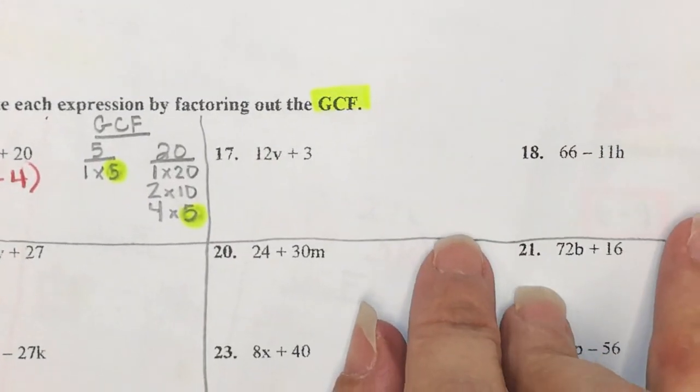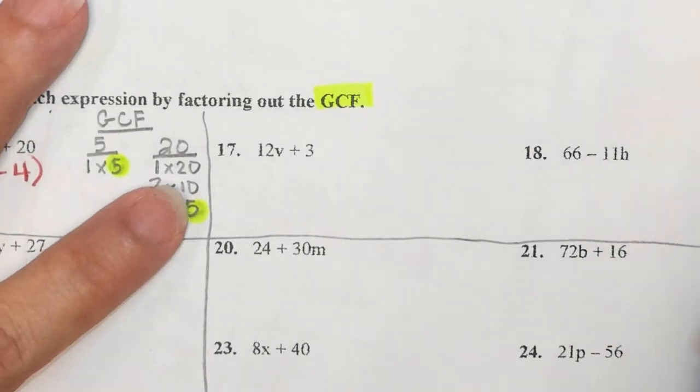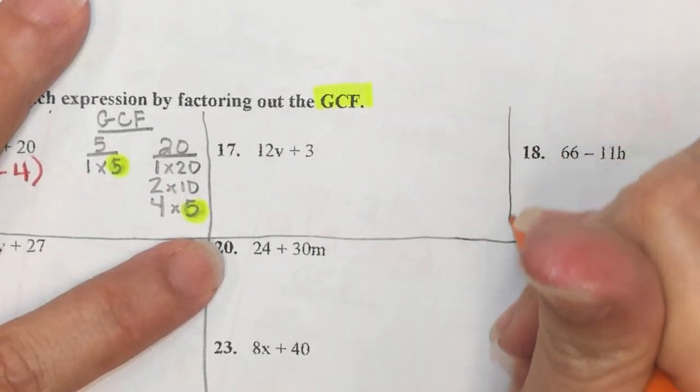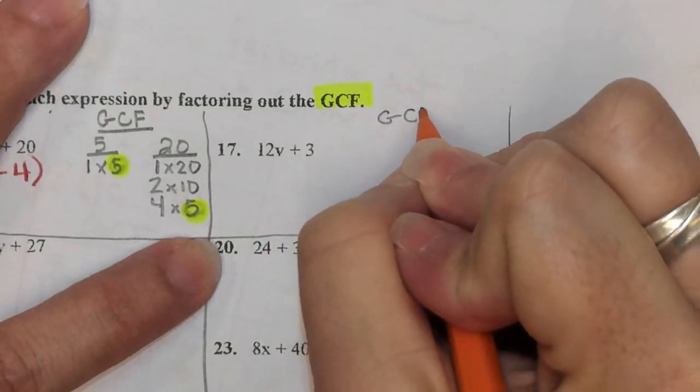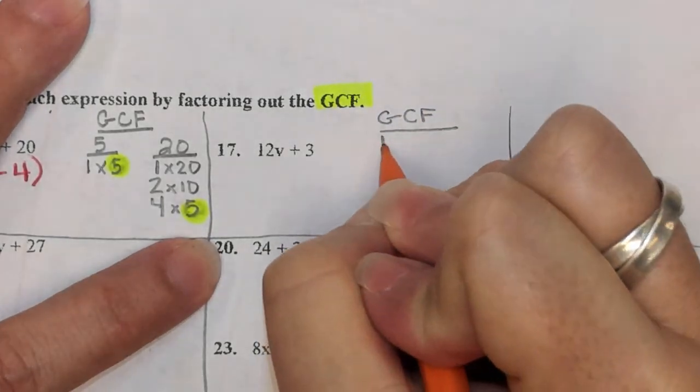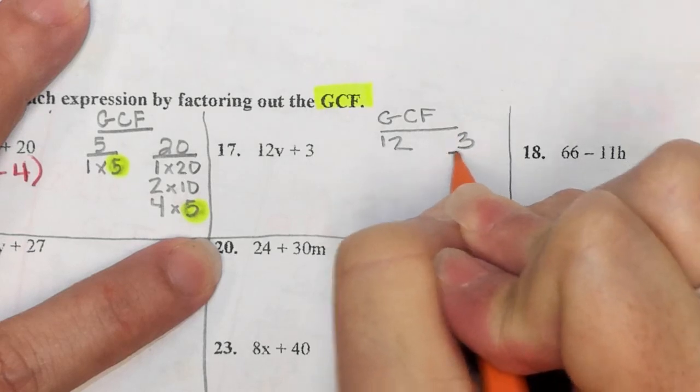Let's do 17. Just trying to give you some examples. Okay, so we'll do GCF, 12 and 3.